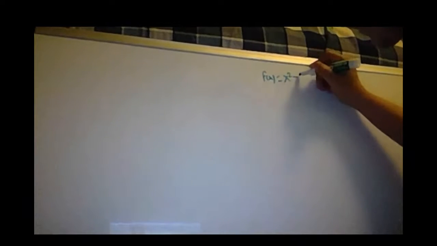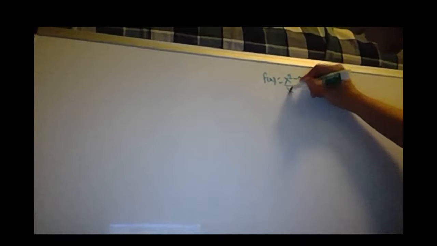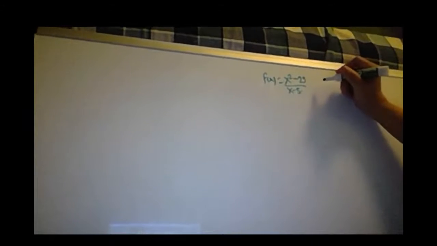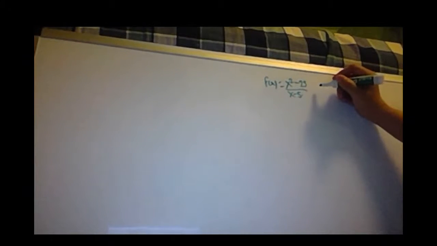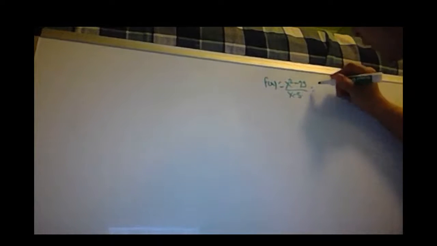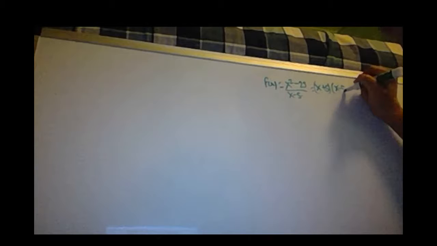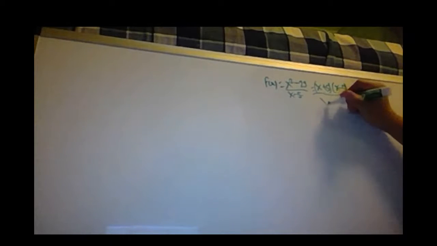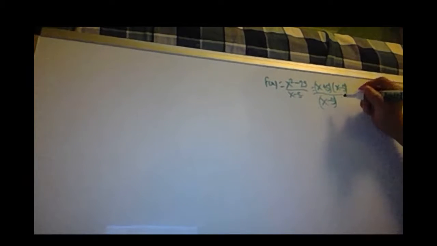For example, if we have f of x equals x squared minus 25 over x minus 5, we can go ahead and factor it and cancel it. So we have x plus 5 times x minus 5 all over x minus 5, right? We can cancel this out. We're left with x plus 5.